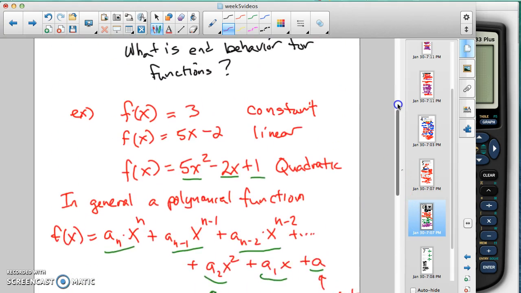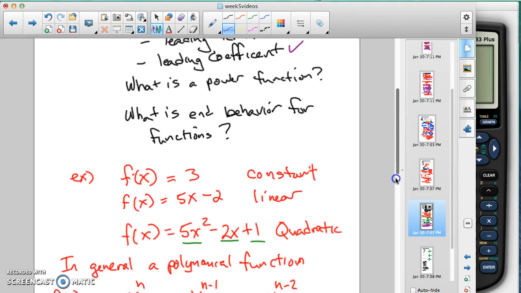Now, after we look at polynomials, we want to look at power functions.